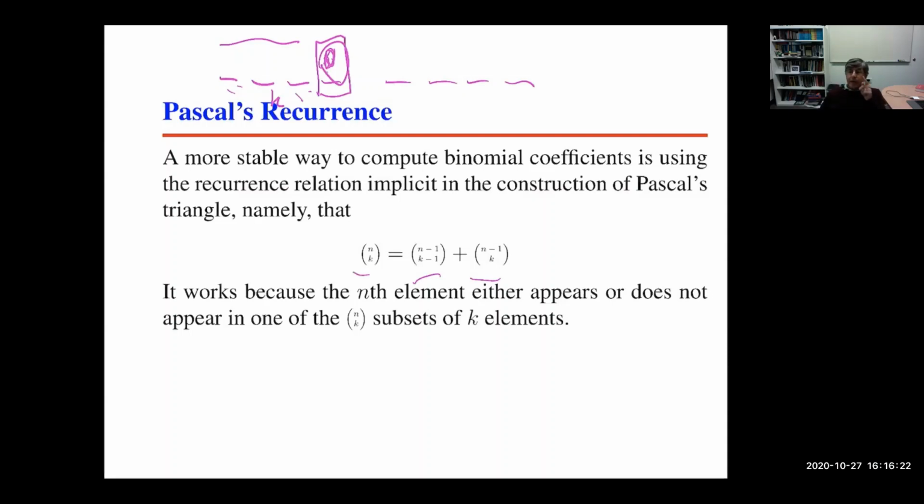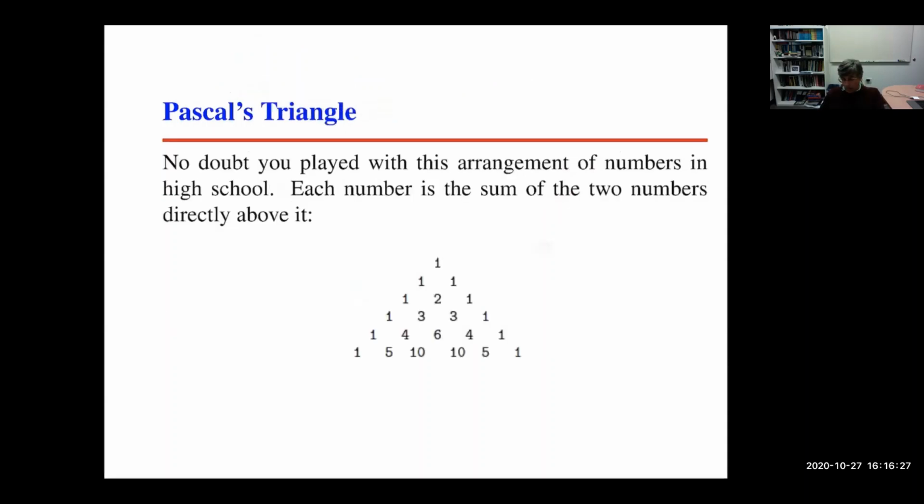And this is exactly what Pascal was doing with his triangle, right? How many ways are there to come up with a subset? This is, I think, 5 choose 2. That's 10, if I am correct. Is 5 choose 2 10? I don't believe it is.